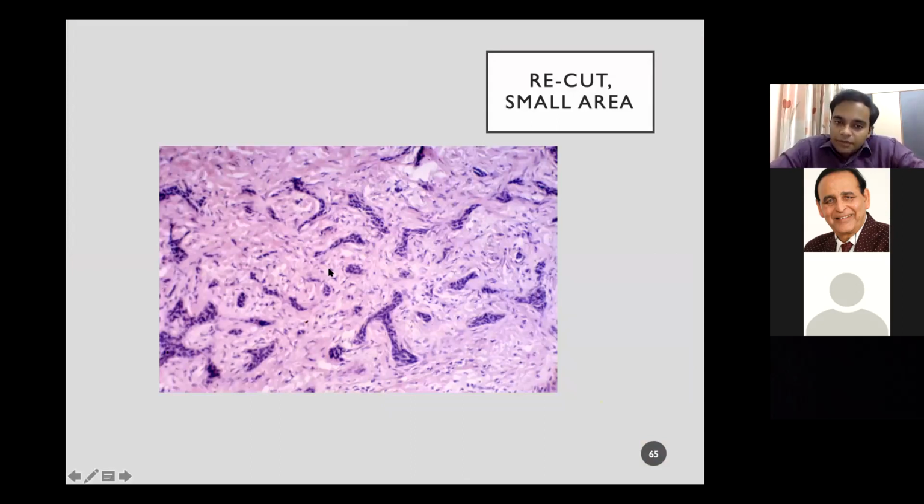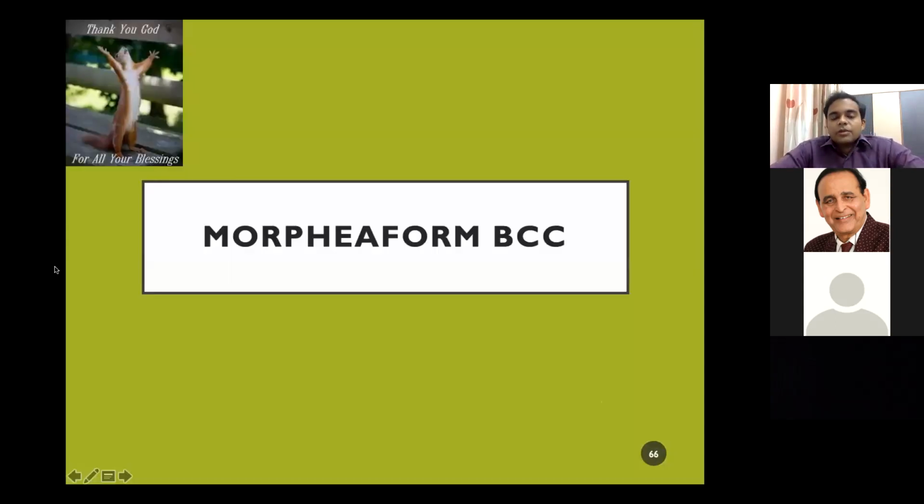You have a lot of fibrosis, then you have these strands and nests of basaloid cells. Basaloid as in bluish staining nuclei, tightly compact aggregates of various shapes and sizes, strands and small nests, going between the fibrosed collagen. So this was basically a rare variant of basal cell carcinoma, which is called morphea form. A morphea-like pattern of immense fibrosis is there, and in between that you have BCC nests.